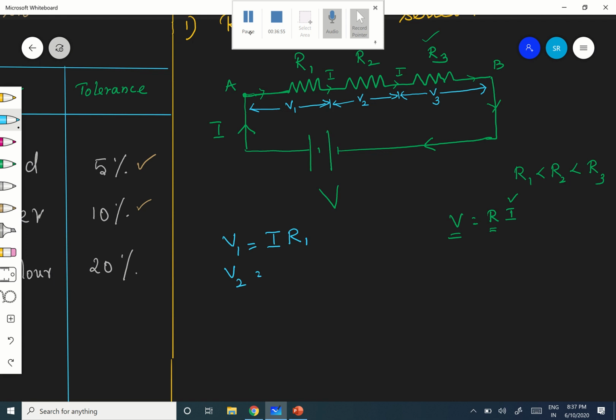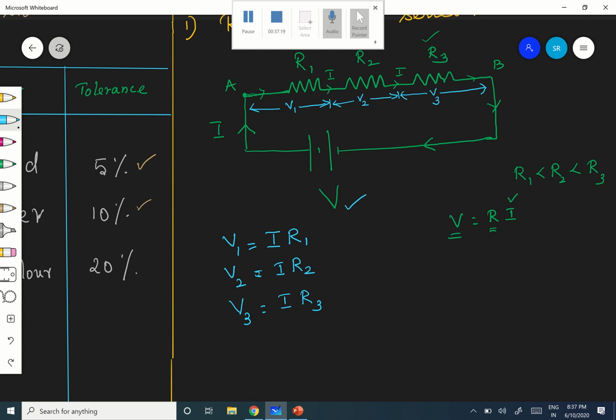And V2 equals I R2. And V3, the potential drop across the third resistor, is I R3, correct? Therefore, what is the total potential difference across A and B? That should be equal to V.